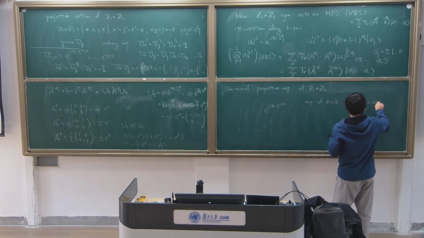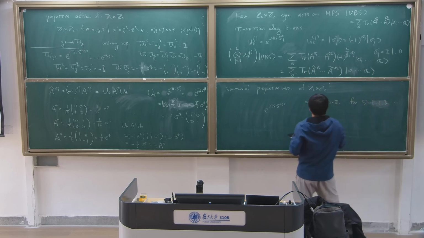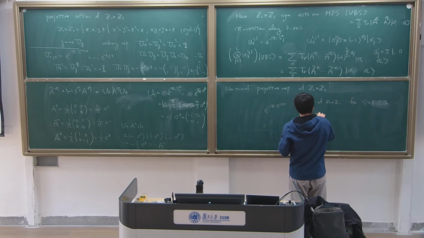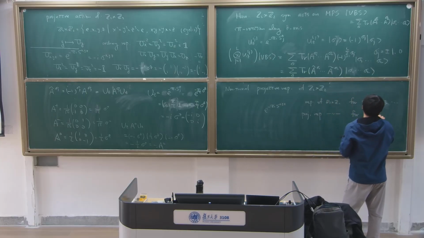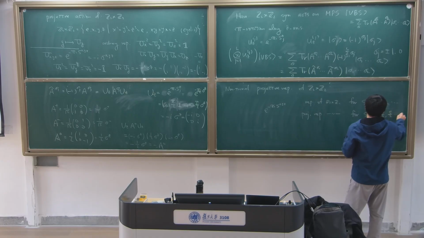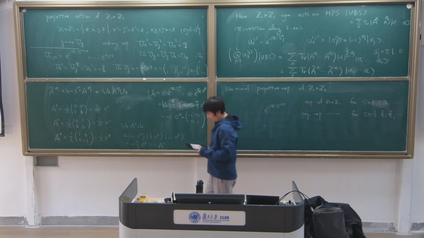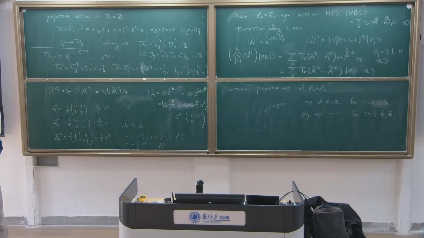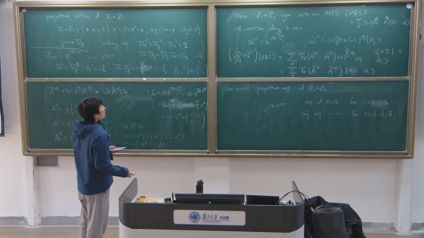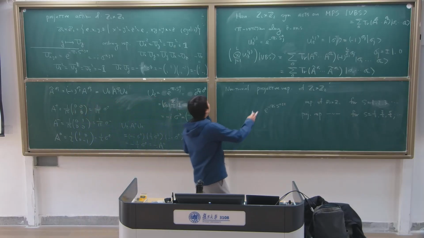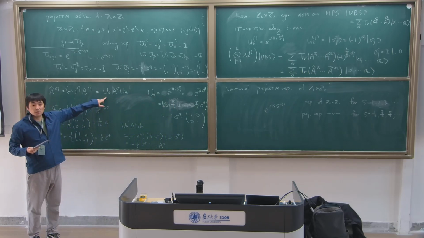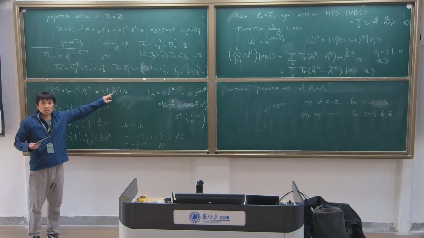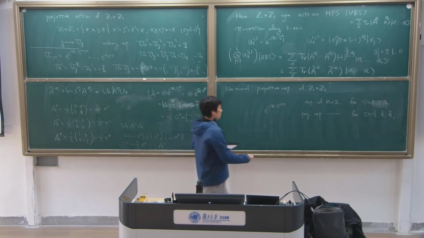For the projective representation, from A tilde to A, we use the projective representation of C2 plus C2 on this matrix. The consequence is as follows.